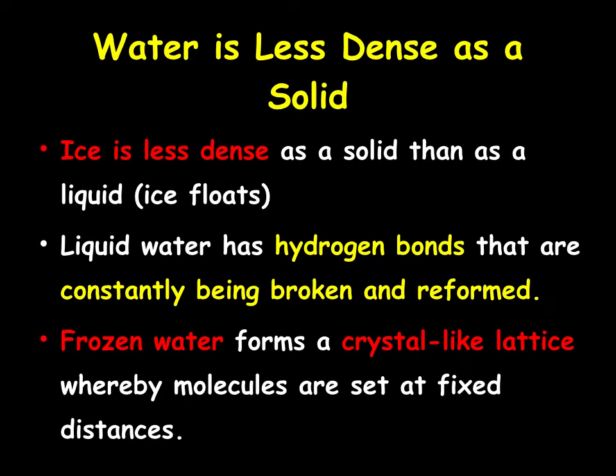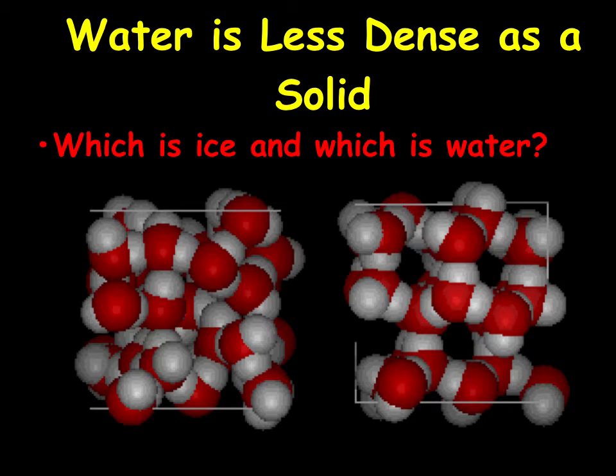But water in solid form, water when it's frozen, actually forms a crystal-like lattice. So the molecules are set at fixed distances. So they're actually somewhat farther apart. We can look at these two images here. One of these images shows water as a solid, and one of these shows water as a liquid.